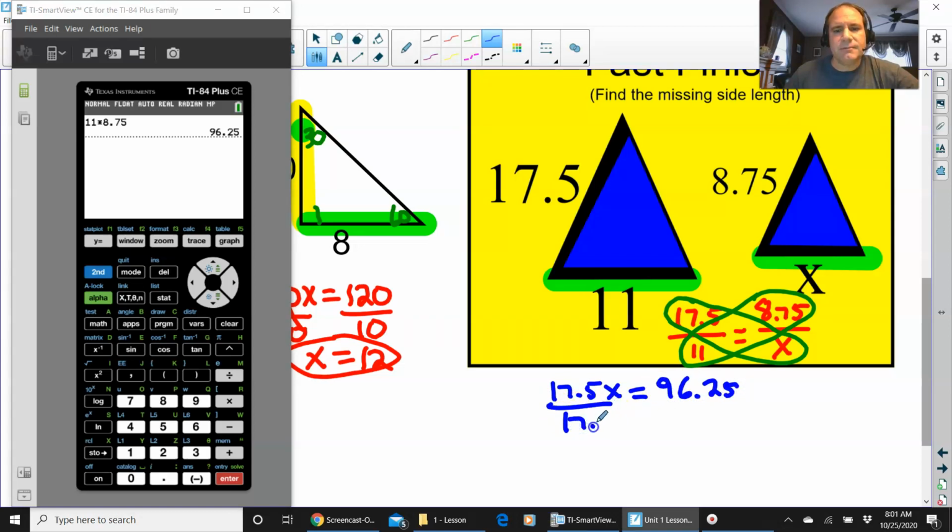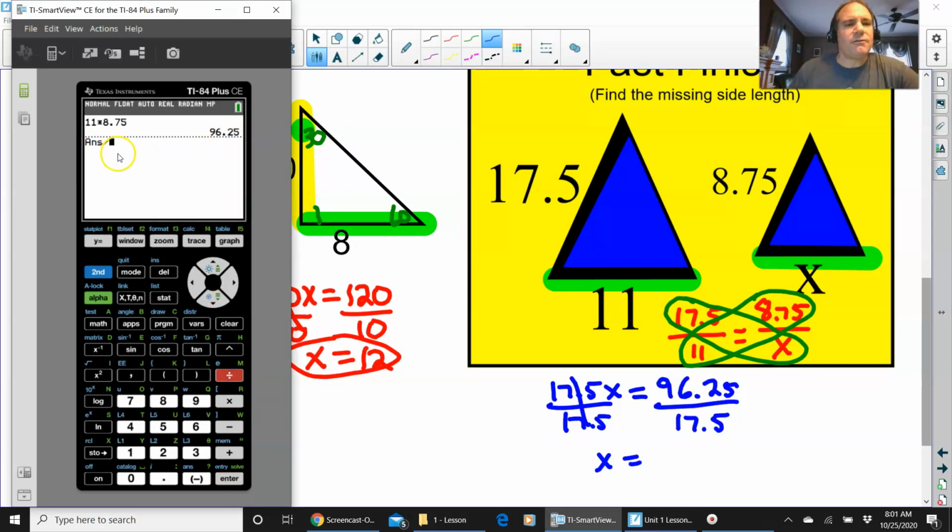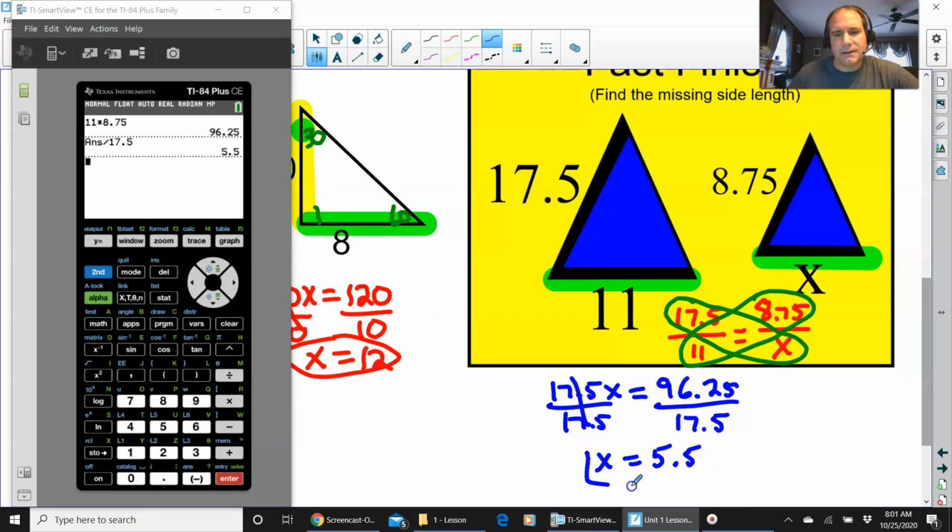Divide by 17.5. Divide by 17.5. This cancels x. Let's see what x comes out to be. I'm going to press divide. It's going to take this 96.25 and put it right there automatically. And I'm going to divide it by 17.5 and enter: 5.5. All right, and x is 5.5. That is that.